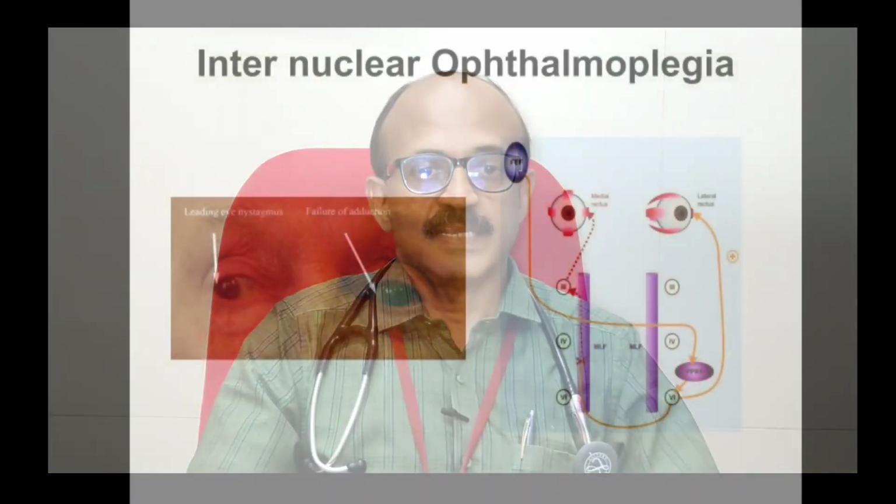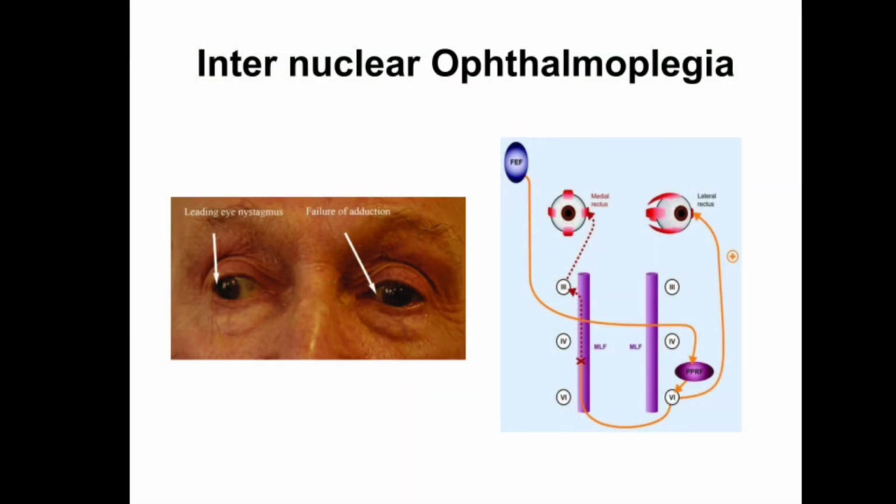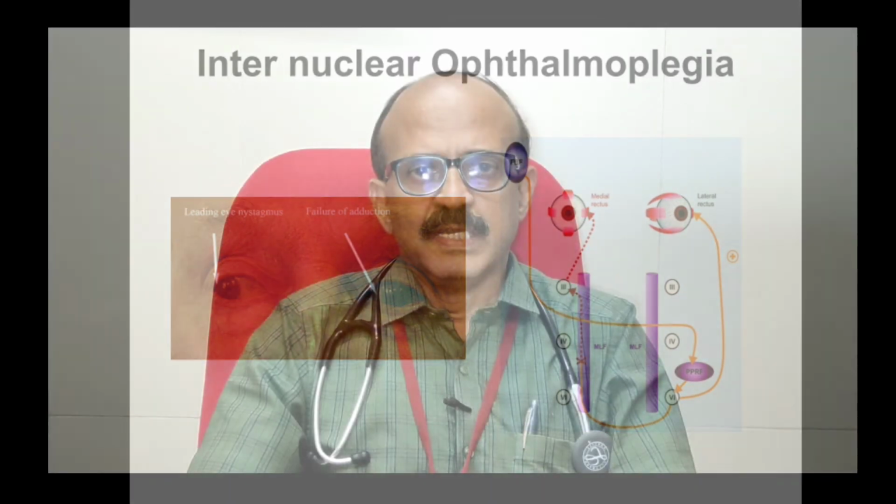Okay. In this slide we can see the internuclear ophthalmoplegia. This is an important pinpointing sign of involvement of the midbrain and pons. See the midbrain especially. Here there is coordination of activity between the third and the sixth via the MLF, through the PPRF, and even control from the frontal lobe.